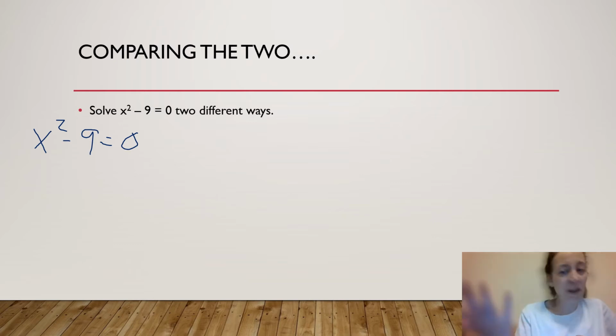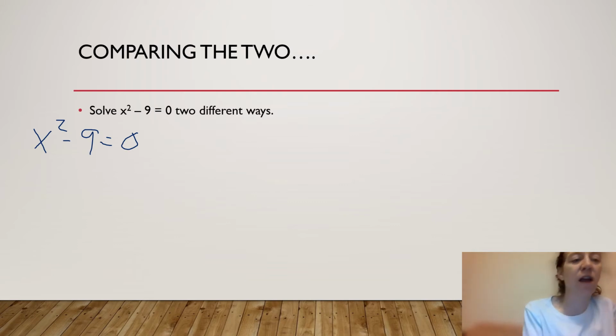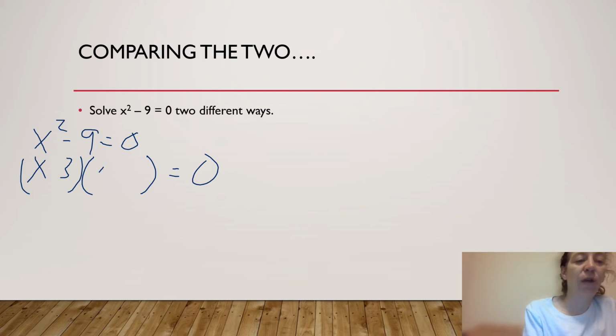So you can factor that using the area model. Most of the time though, I won't. Most of the time I will just remember the pattern for how it factors. It factors into conjugates, where you would take the square root of each, and then one of them is a plus and one of them is a minus. And then you would use your zero product property.